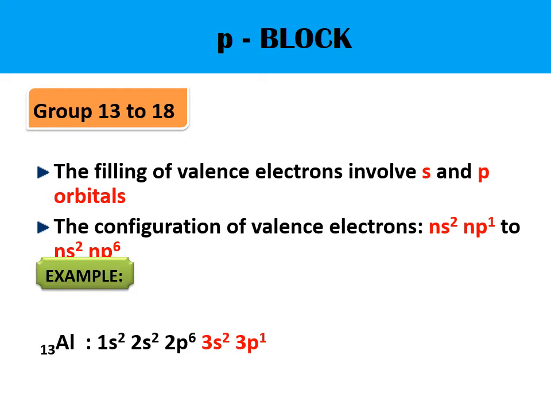For example, aluminium. For aluminium, the valence electrons are 3s2, 3p1. So this is P block and it has 3 valence electrons.